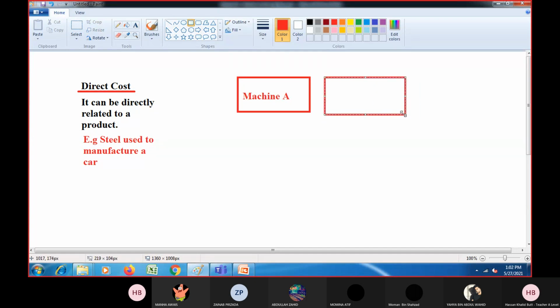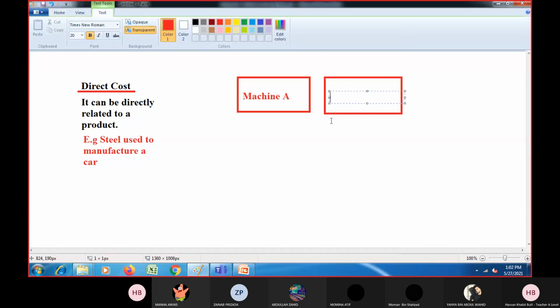There are two machines being operated by workers to produce certain items. So machine B.